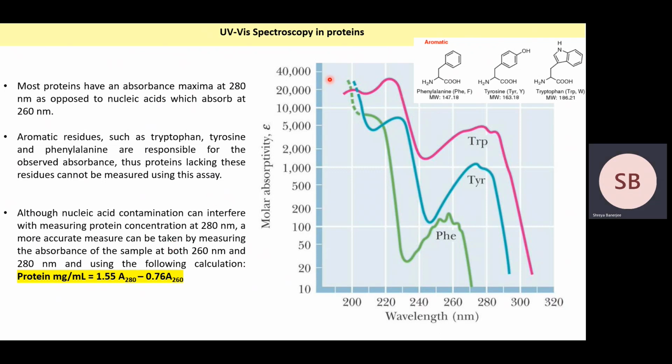Now, the basis for UV-vis spectroscopy in proteins is the presence of aromatic amino acids like phenylalanine, tyrosine, or tryptophan. So proteins which lack these residues cannot be observed by UV visible spectroscopy.